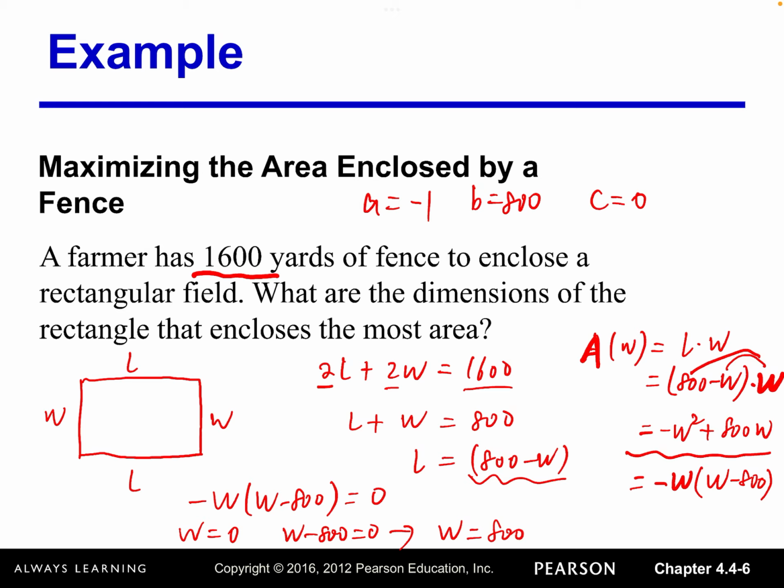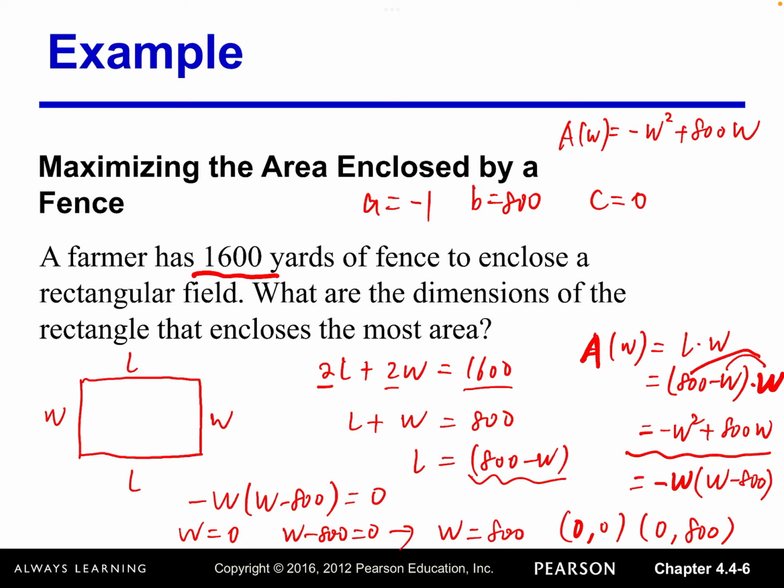So we have two x-intercepts. One is (0, 0). The other one is (800, 0), right? All right, and then in this quadratic function, let me rewrite again. A of W equals negative W squared plus 800W, right?